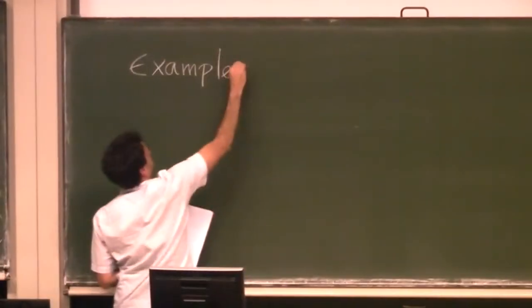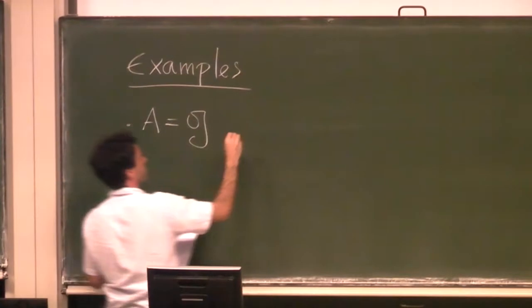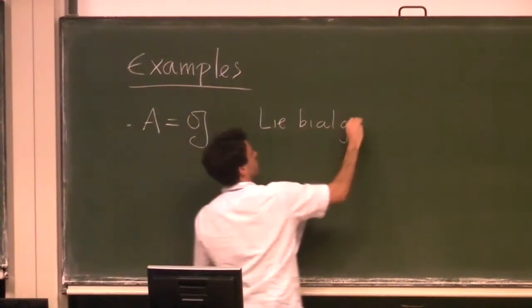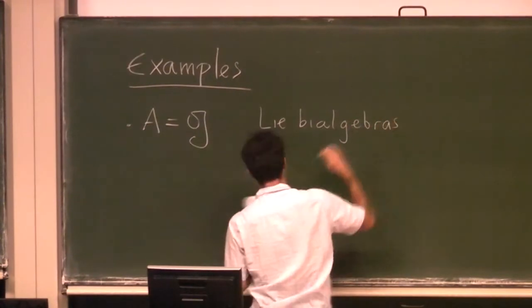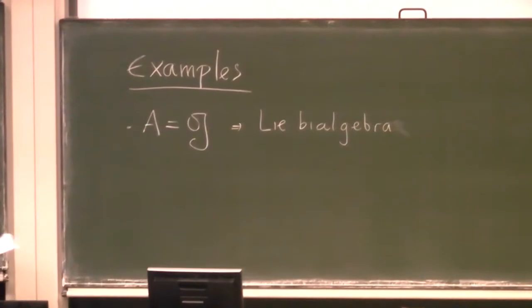Certainly, if A is a Lie algebra, then we are just back to Lie bialgebras. It's straightforward to check that.